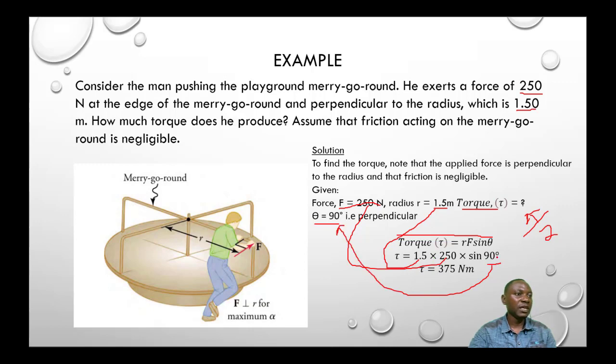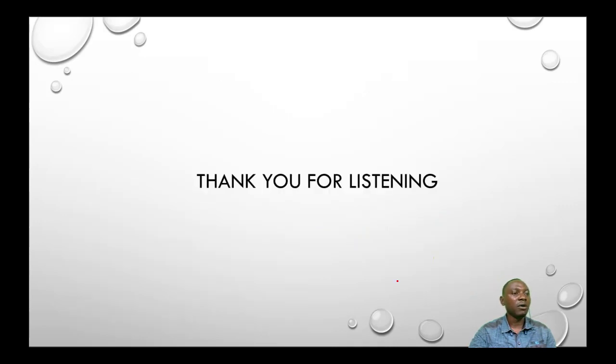Sine of 90 degree, or sine of pi over 2, is 1. So if you multiply 1.5 by 250, your answer will be 375 Newton meter.